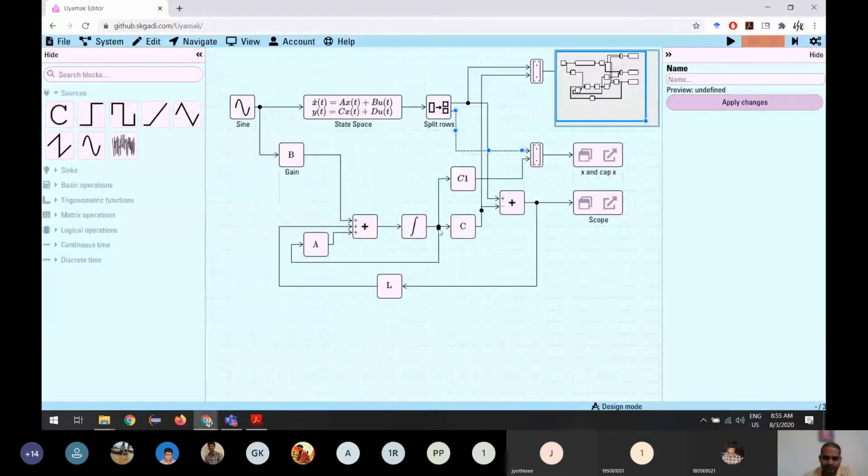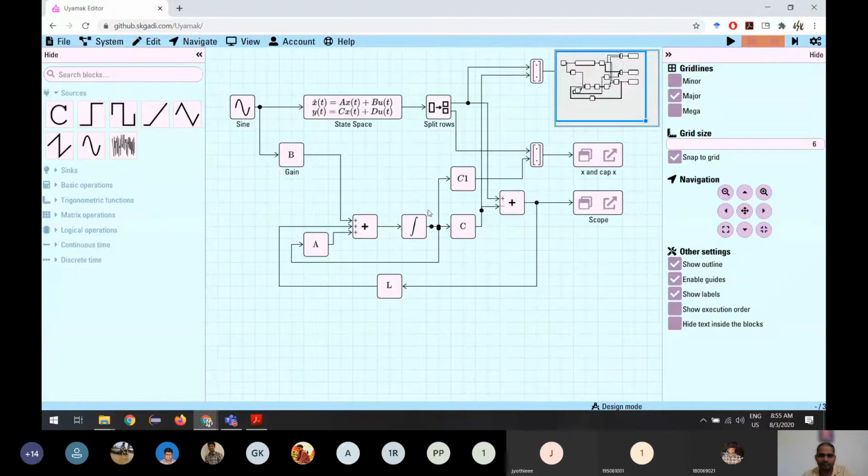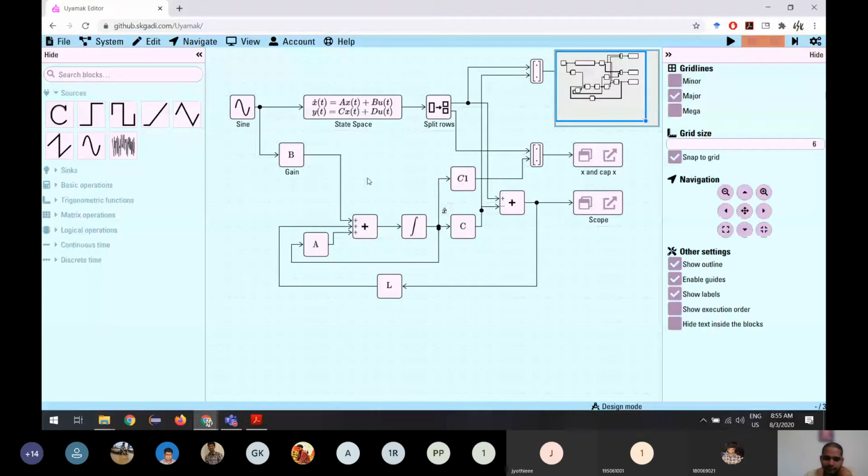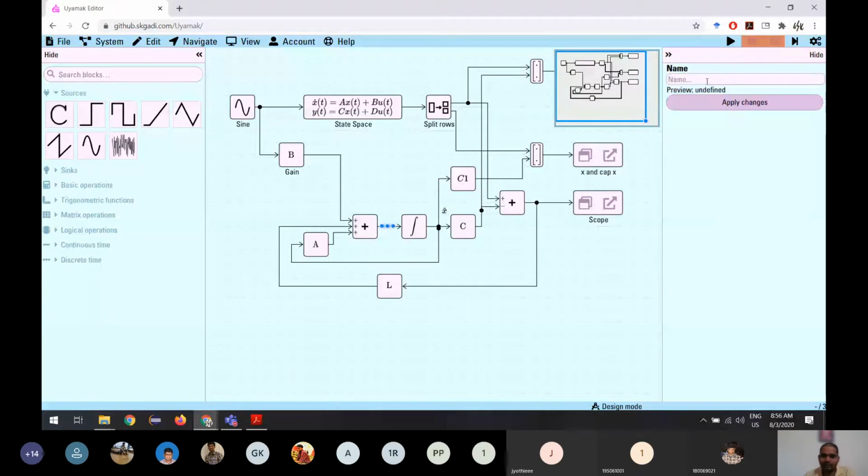So x cap is here. This is the x cap, so this is going to be x cap dot.